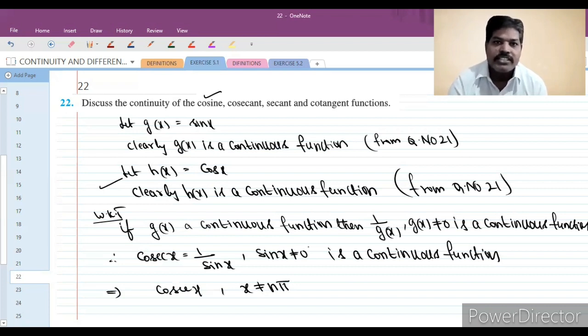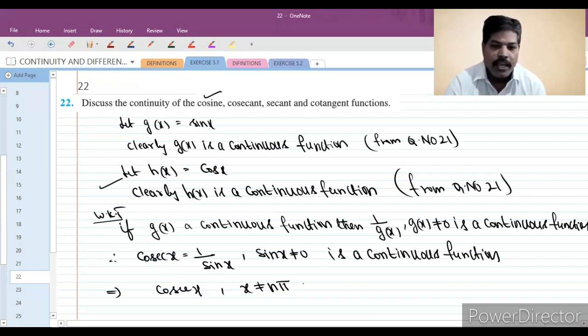Sin n pi is 0. So sin x not equal to 0 means x is not equal to n pi. So cosecant x, comma, x not equal to n pi, is a continuous function.